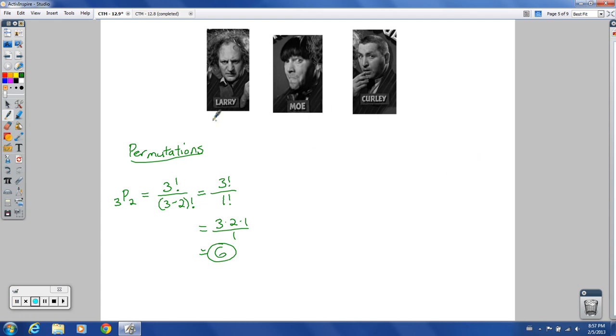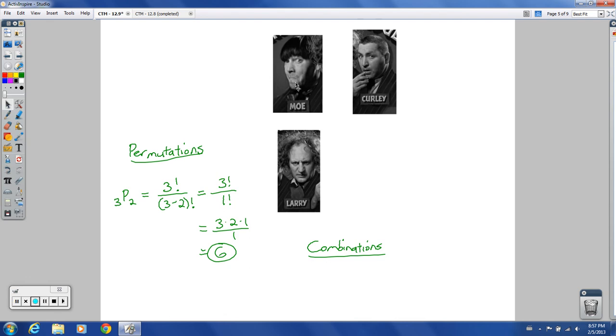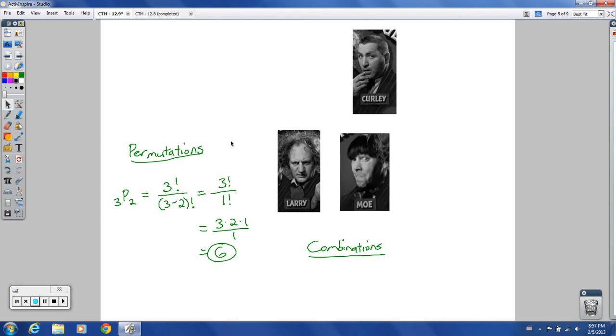But with combinations, what's the difference between permutations and combinations? Order matters with permutations and doesn't matter with combinations. So let's say I'm picking a group of two, and just for argument's sake, I picked Larry and Moe. Permutation wise, I could call that L and M, and that's one possibility.